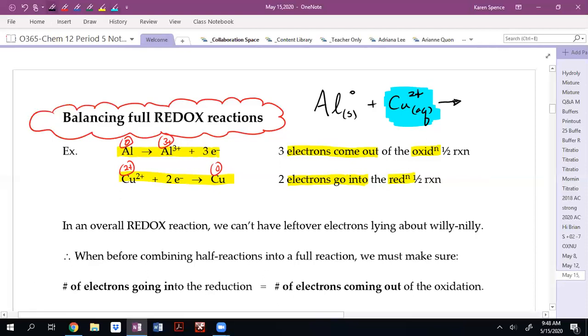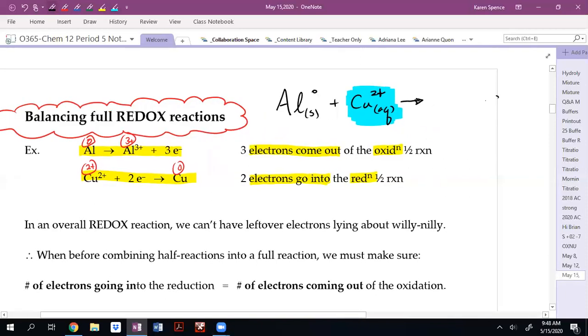And that's because the copper 2+ is turning into copper solid, which has a 0 charge, and the aluminum is turning into aluminum 3+. Okay, which has a 3+ charge.